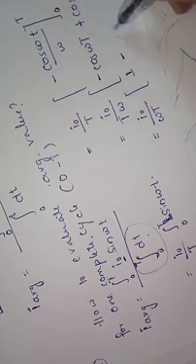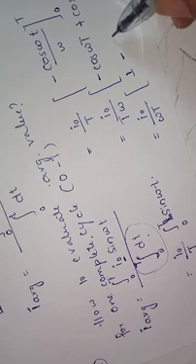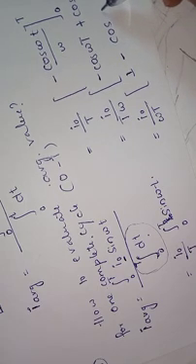Let's replace omega by 2 pi by T. So minus cos of 2 pi by T into this T. T gets cancelled.